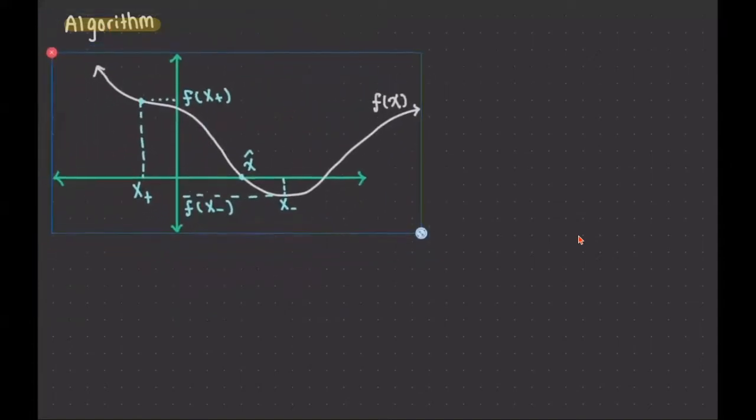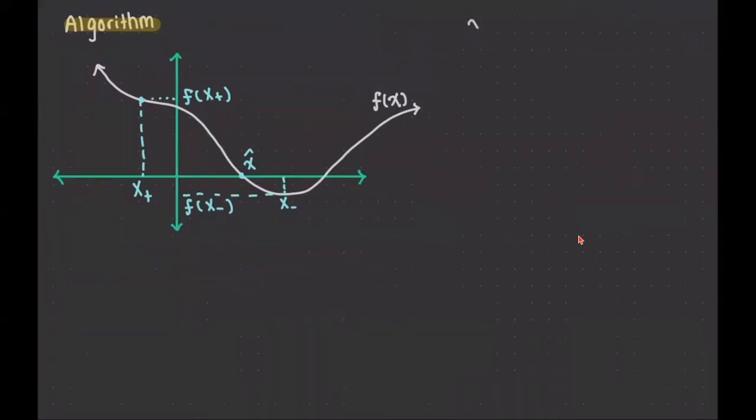All right, so algorithm. The first thing we're going to do is define a point that we're going to start with. We're going to call this x_b, and this b stands for bisect. The word bisect just means to cut into two pieces. We're going to define this to be the midpoint between the positive and the negative x values, somewhere in the middle.